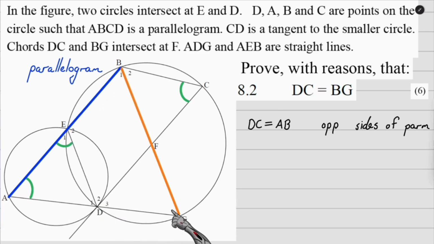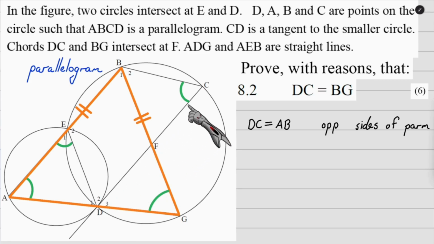And now these two lines are sitting inside of a triangle, and if I prove this triangle is an isosceles triangle, then I can prove that this length is the same as that length. So what that will entail is proving the base angles are the same. So I need to get G to be a green angle. And if I prove that G is a green angle, then I can conclude these are the same length. So this will have the same length as that, etc.